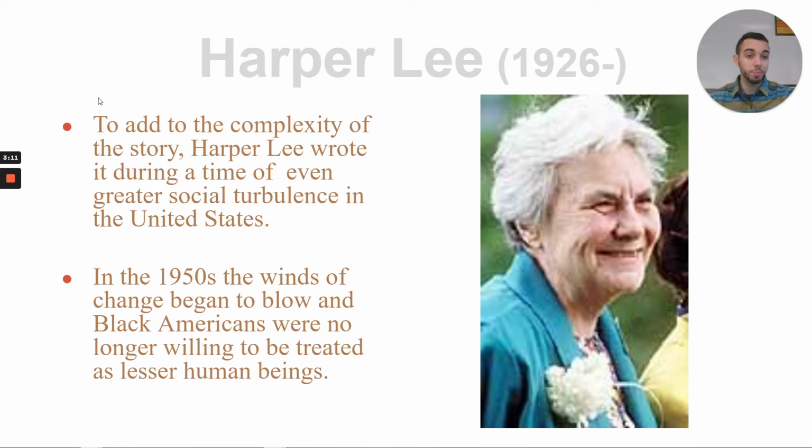She released this book, and it was incredibly impactful. So let's build a little more context around this. In the 1950s, the winds of change began to blow, and Black Americans were no longer willing to be treated as lesser human beings, rightfully so.